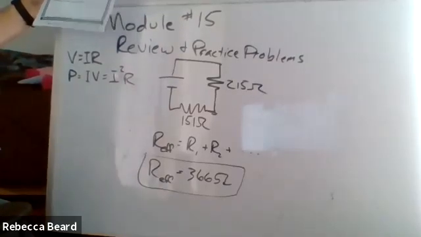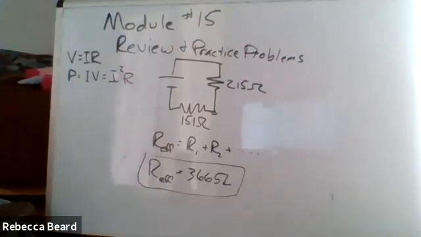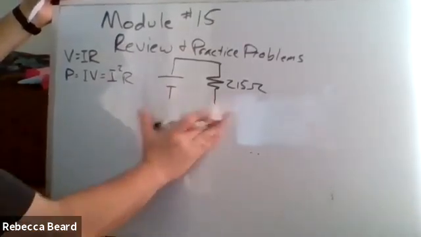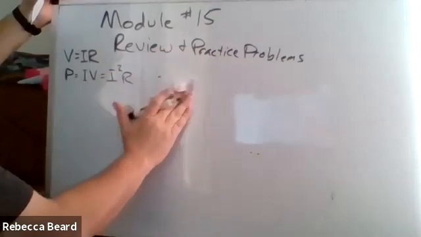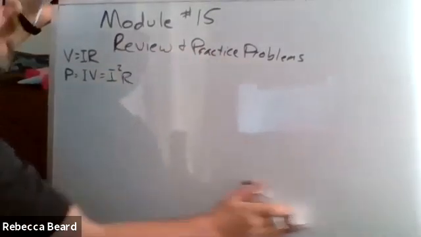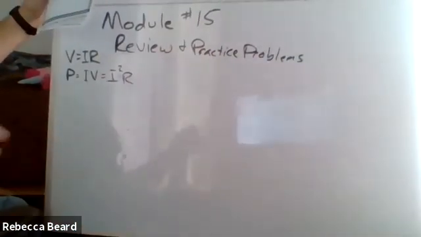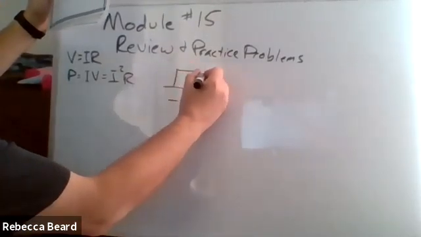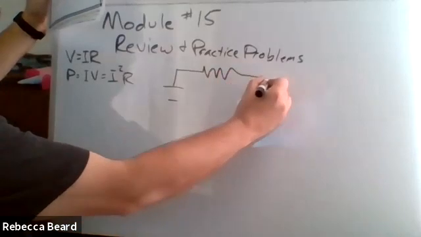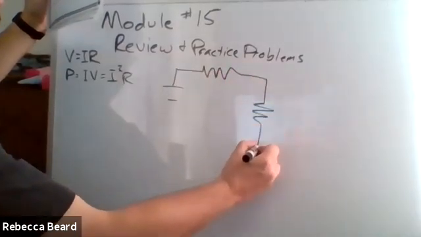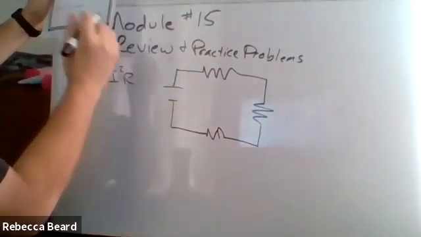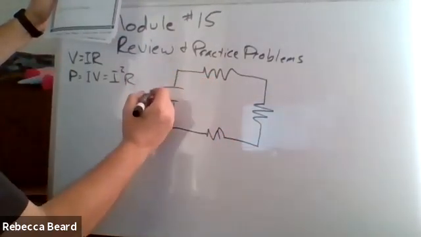Now, let's get slightly more complex now that we know how to determine what effective resistances are for circuits. I'll redraw this a little bit bigger and a little bit better because we've got some extra stuff added in, like a third resistor.